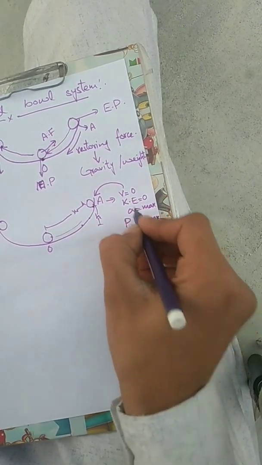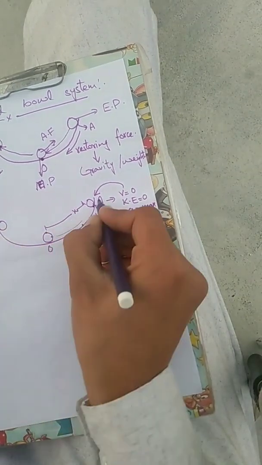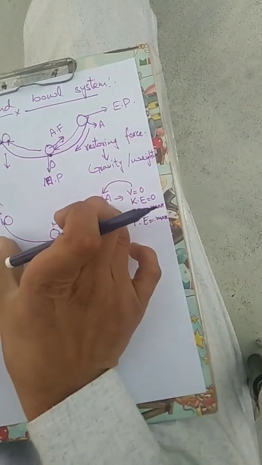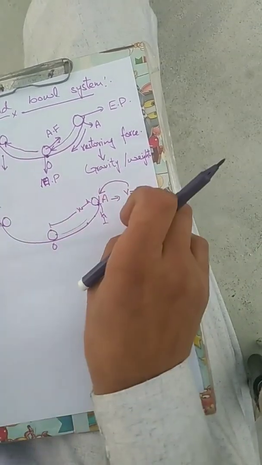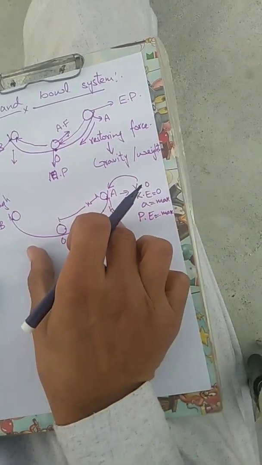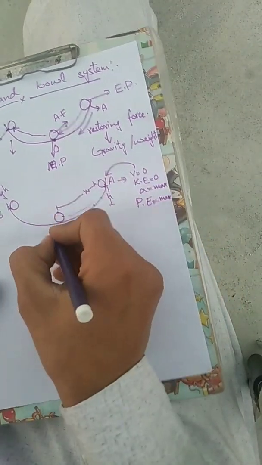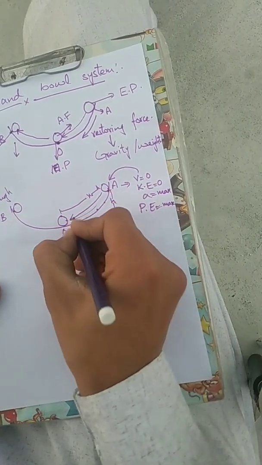Energy, velocity and acceleration changes will be the same at point B, because both are extreme positions, and at all extreme positions the values of velocity, kinetic and potential energies, and acceleration are the same. At the mean position, we know that the object possesses maximum velocity.